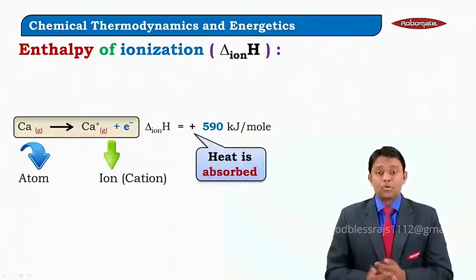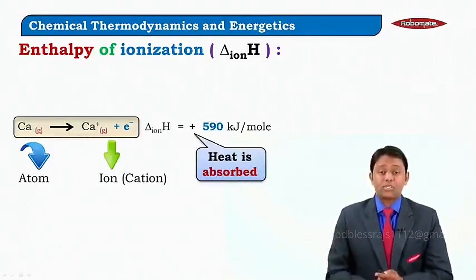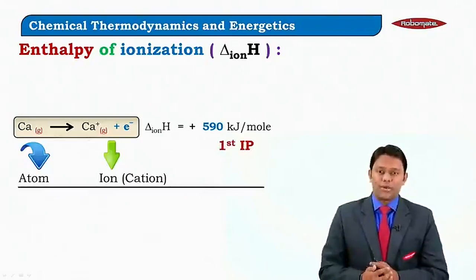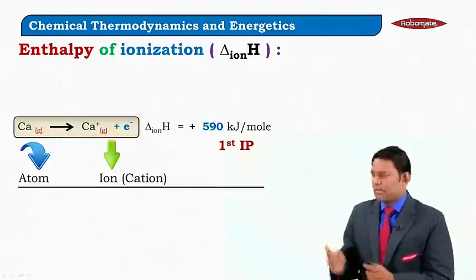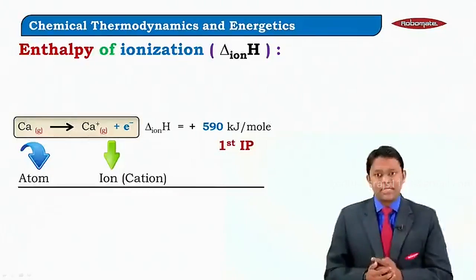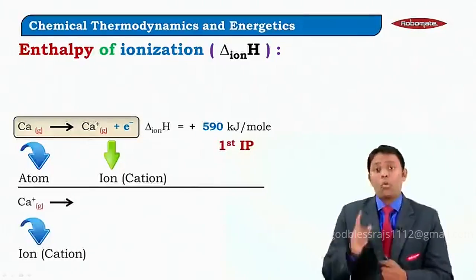Here also the energy is absorbed, and this is called the first ionization potential, the energy required to remove the first electron. Now say we take the product, calcium plus, and once again remove one more electron.